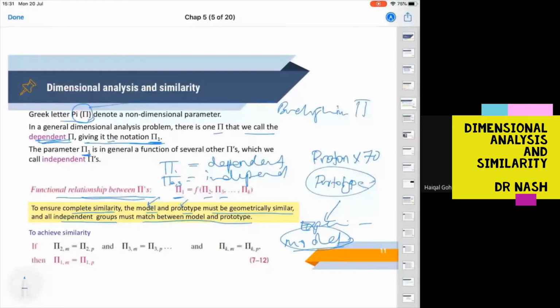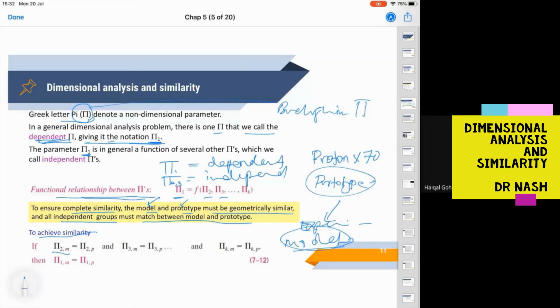Okay. Alright, to achieve similarity, in this case, it's simple. Definitely, if you have pi2, why pi2? It doesn't use pi1. Because pi1 only refers to the dependent one. It depends on something.